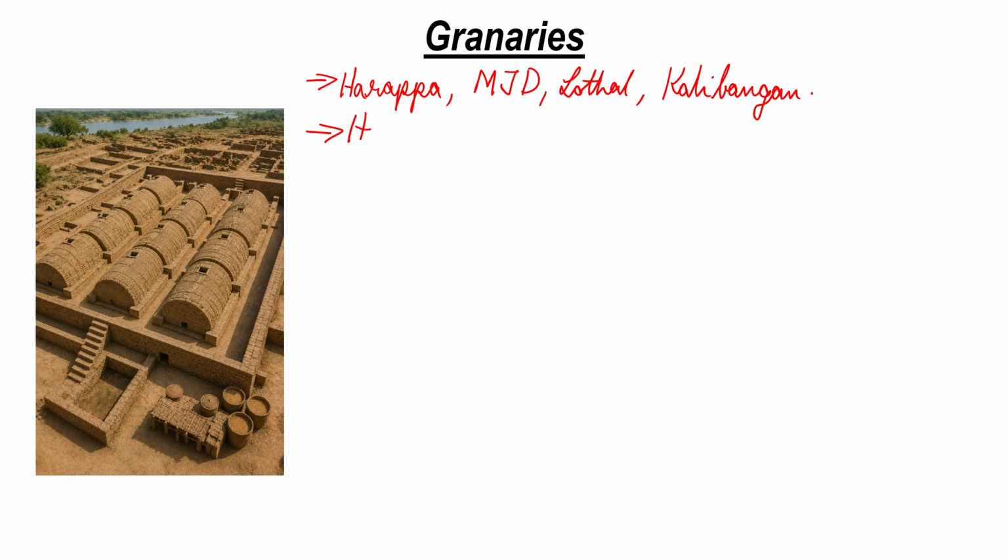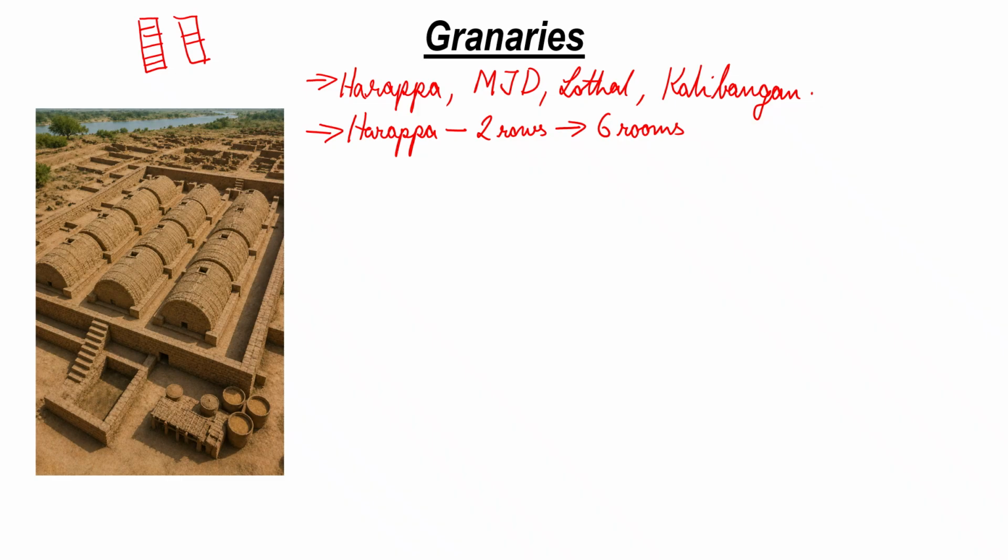So the granary in Harappa had two rows of granaries, each having 6 rooms. So 2 rows, and each row had 6 rooms. So it was like this: one big row, another big row, and then there will be 6 rooms like this.